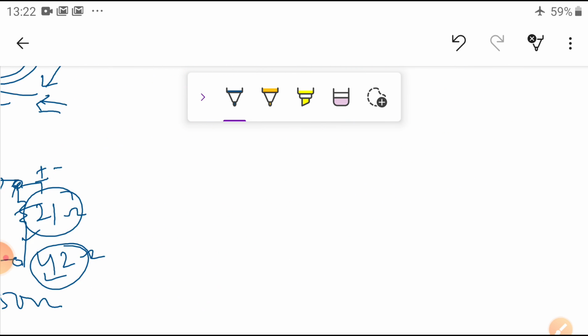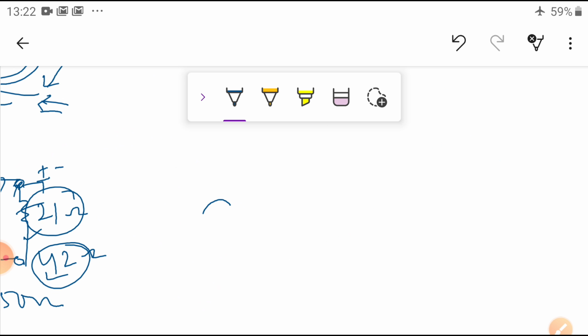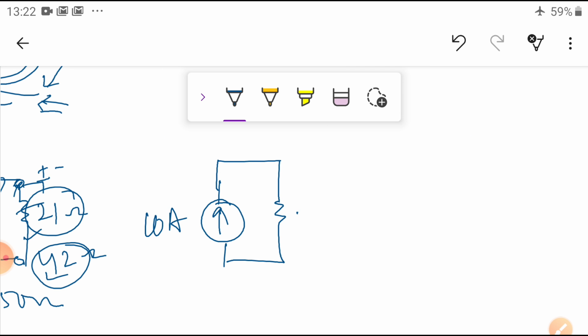For example, take this as a current source of 10 amperes, and the resistance, for example, 50 ohms. Now the terminals are ready. Now in the first table, you want to know for 10 ohms.